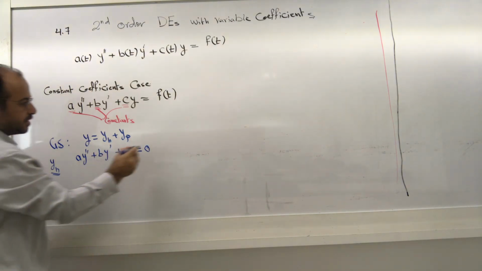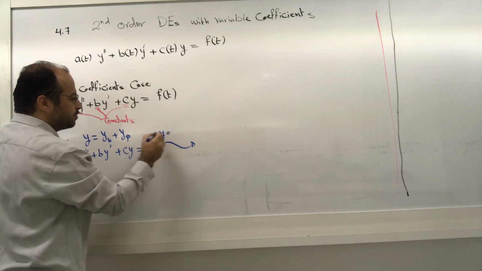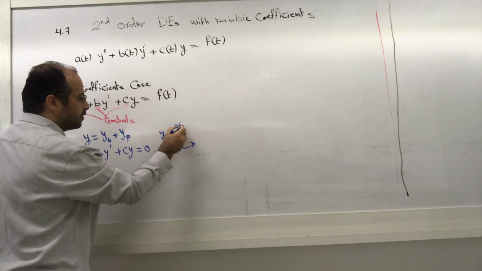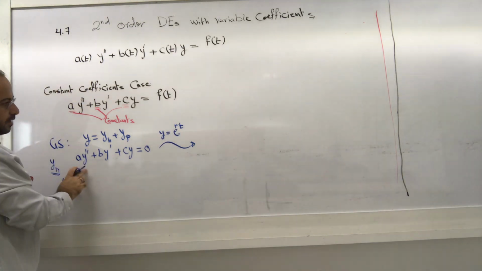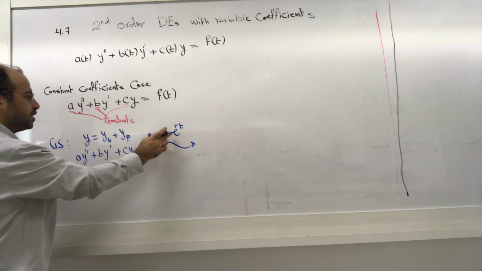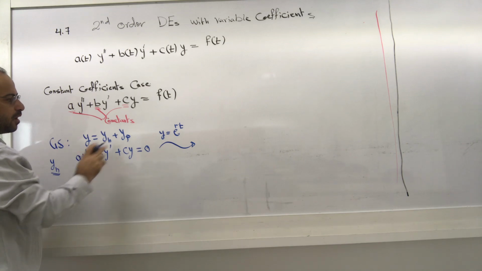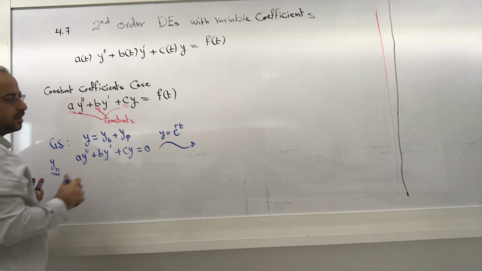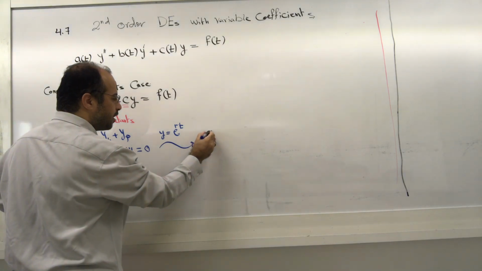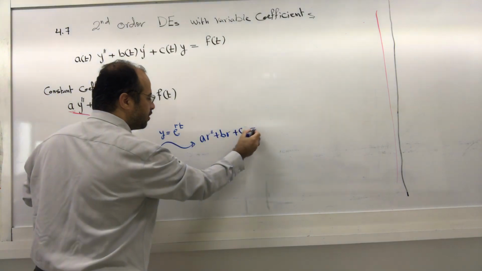You solve this using the assumed solution e power rt. Plugging this in, y prime will be r e power rt, and y double prime is r squared e power rt. Then you change this equation to the form a r squared plus b r plus c equals 0.